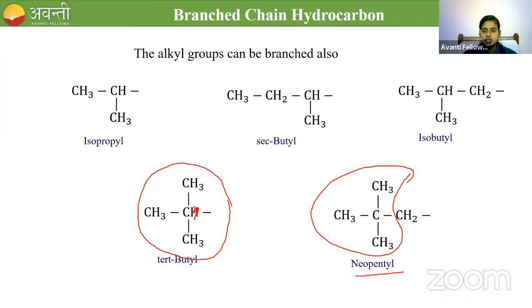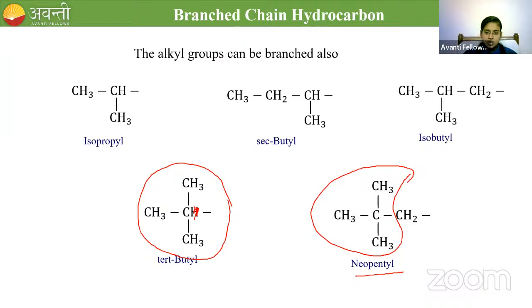Clear for all of you? It's very easy. Draw the tertiary butyl and attach CH2, and you will get neopentyl, which is one of the alkyl groups we will be using in compounds.